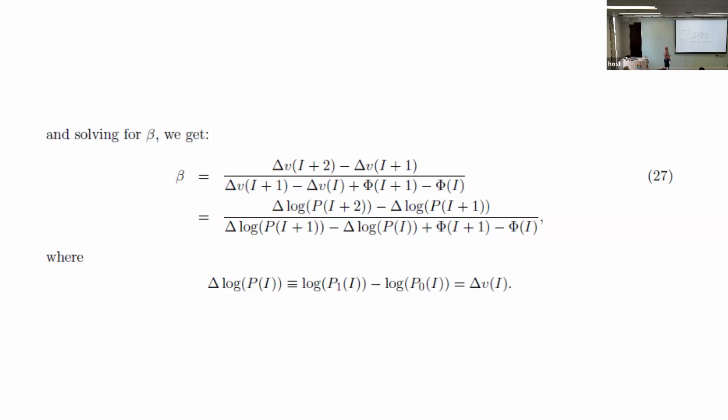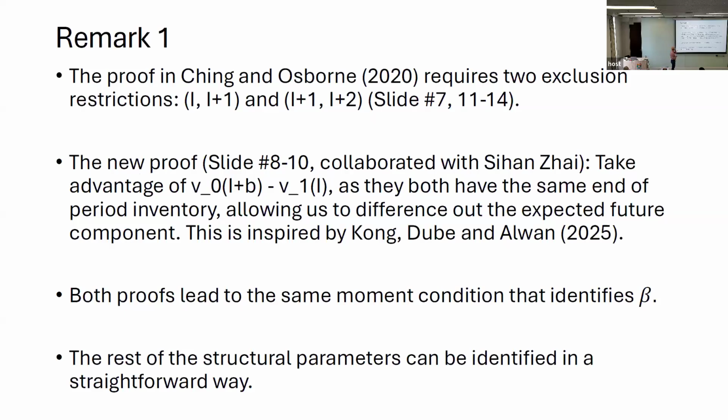But in our original paper, we actually used two exclusion restrictions to help us get to these equations. In the more recent proof that I've worked on with a grad student, we see that you can take advantage of the difference of these two alternative specific value functions.